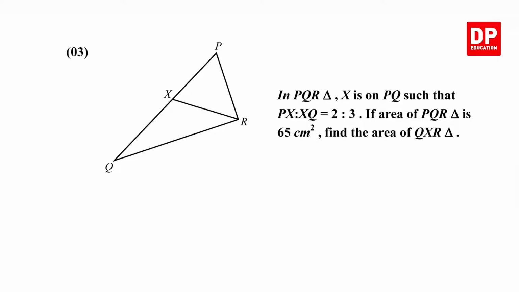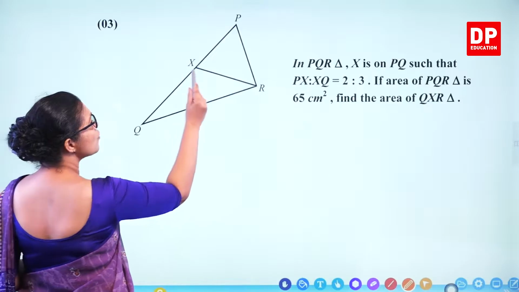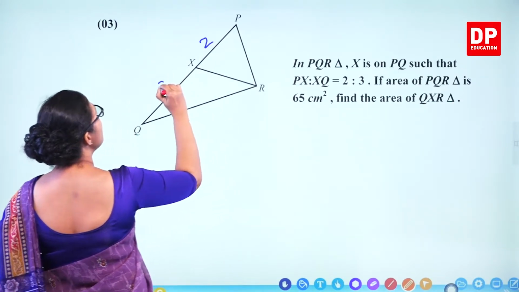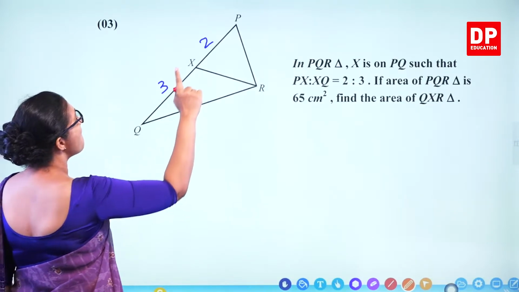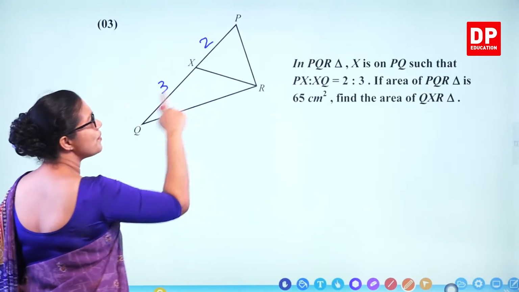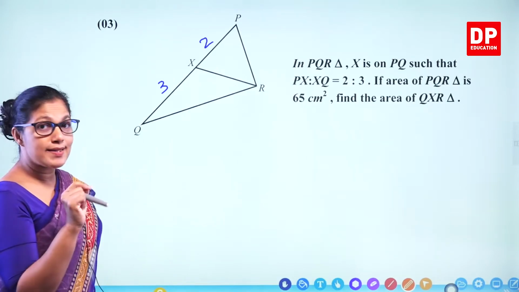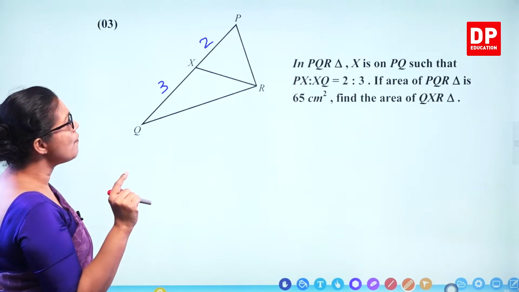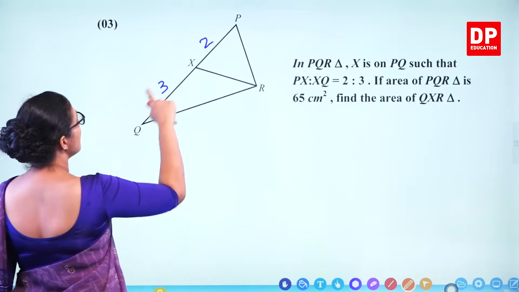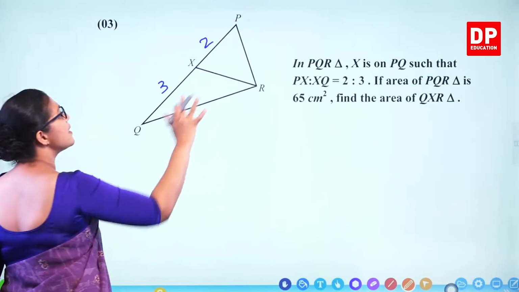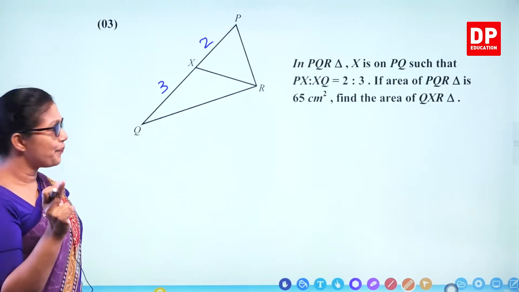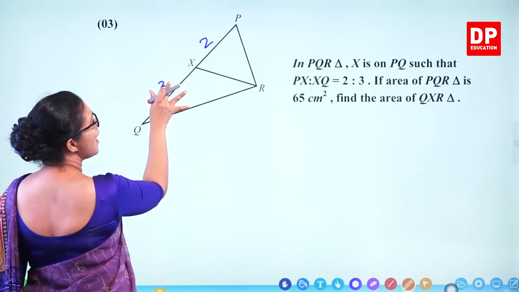Question number 3. In triangle PQR, X is on PQ such that PX to XQ is in the ratio 2 to 3. If the area of PQR, the whole thing, is 65 square centimeters, find the area of QXR. QXR is this one. If the whole thing is 5, split into 3 and 2, this is 3 parts of that.